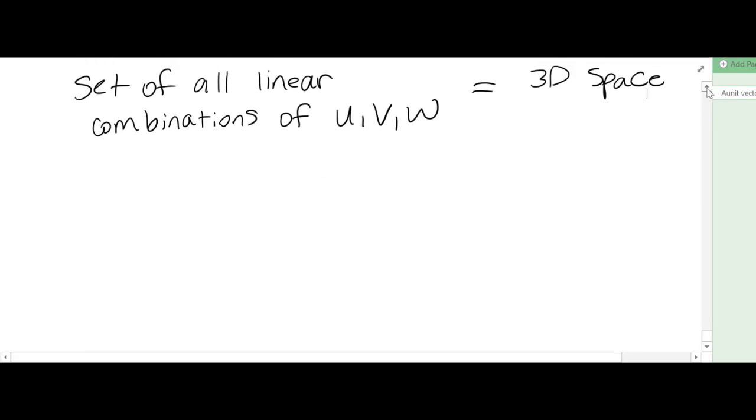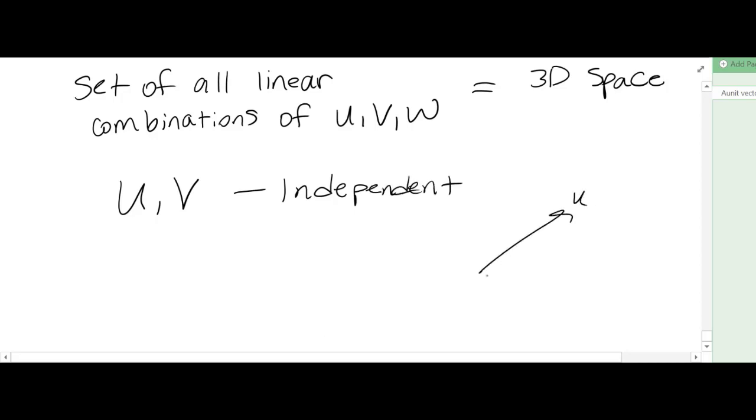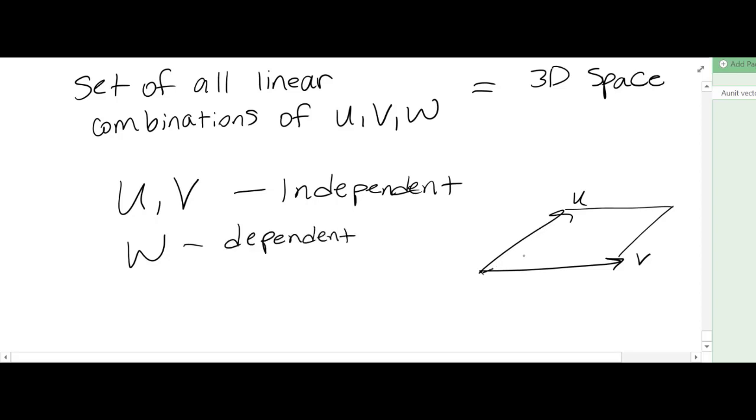But it's possible that not all of those vectors will be independent. So you might have u and v as two vectors that are independent from each other, so they're not parallel. But w is another vector, and it's dependent upon the other two. Then in this case, the set of all linear combinations of u, v, and w is going to give you a plane, because you only have 2 independent vectors there.